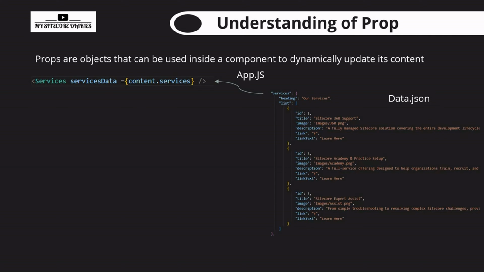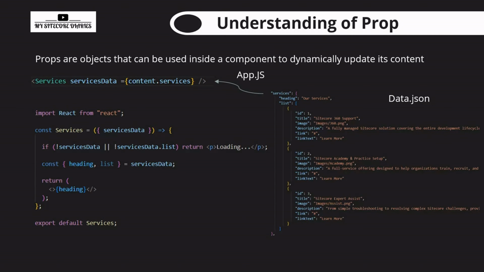So we will pass it to the component, and now how do you use the prop here. This is how you are passing the data to the services component, and within the services component you accept this service data. In the curly brackets, you pass the service data.